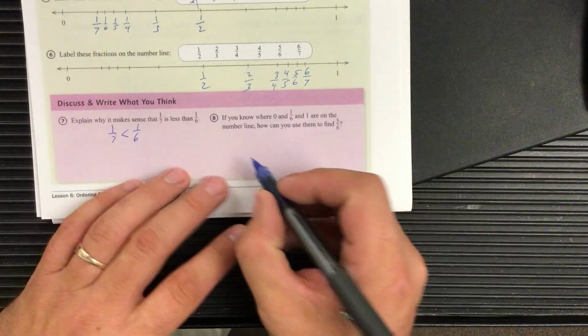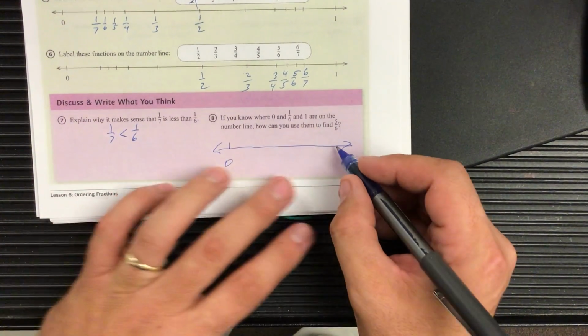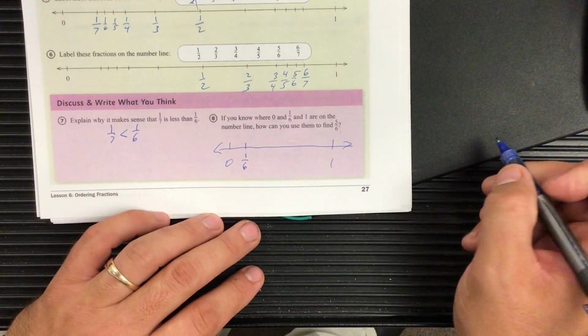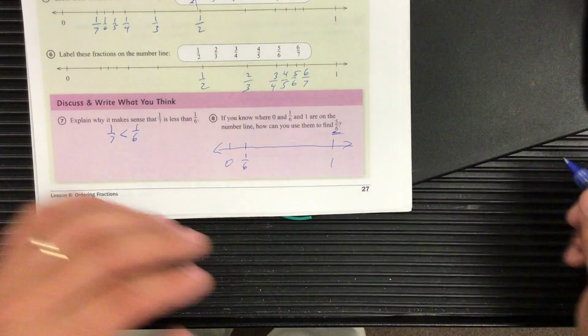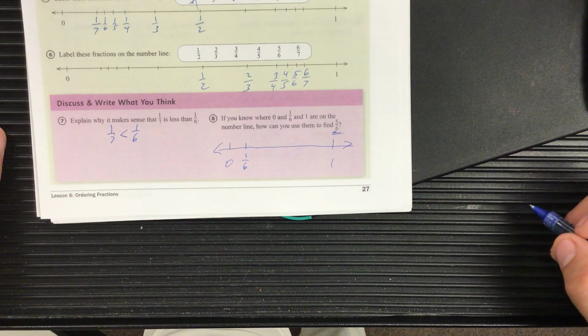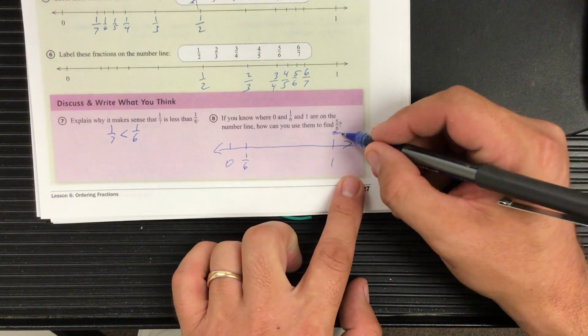Number 8 says if you know where 0, 1, and 1/6 are, how can that help you find 5 out of 6? How can knowing where these 3 are help you find 5/6?